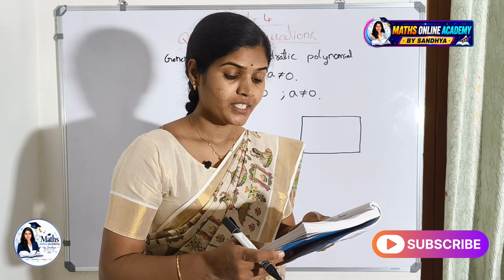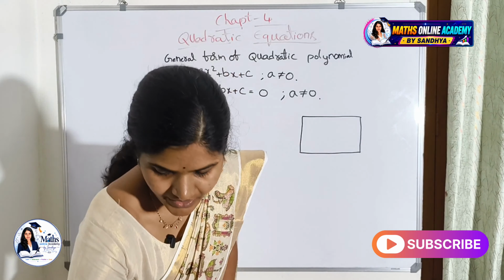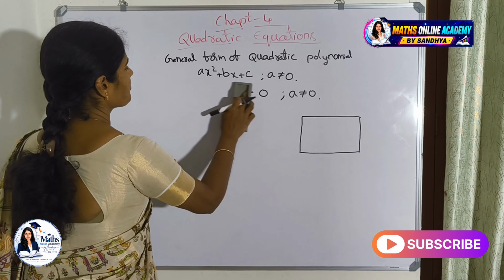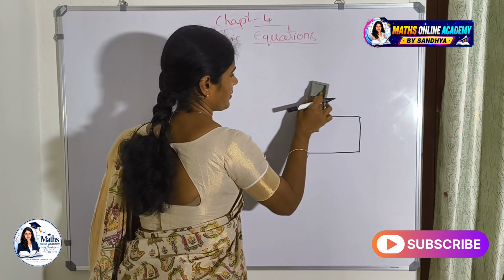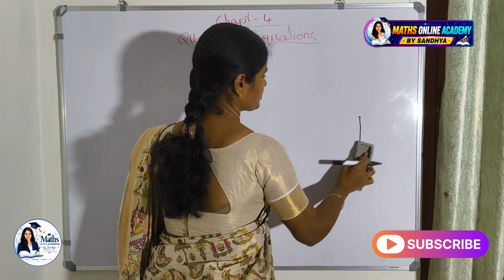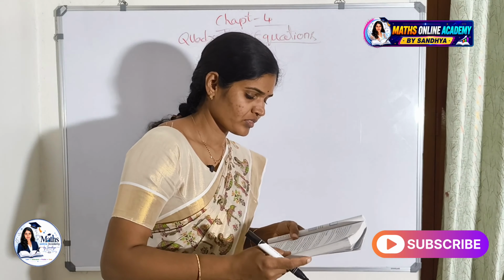Let's see the first question. Example 1. Represent the following situations mathematically. Here the question is given in sentence form, so from sentence form we represent it in mathematical form.